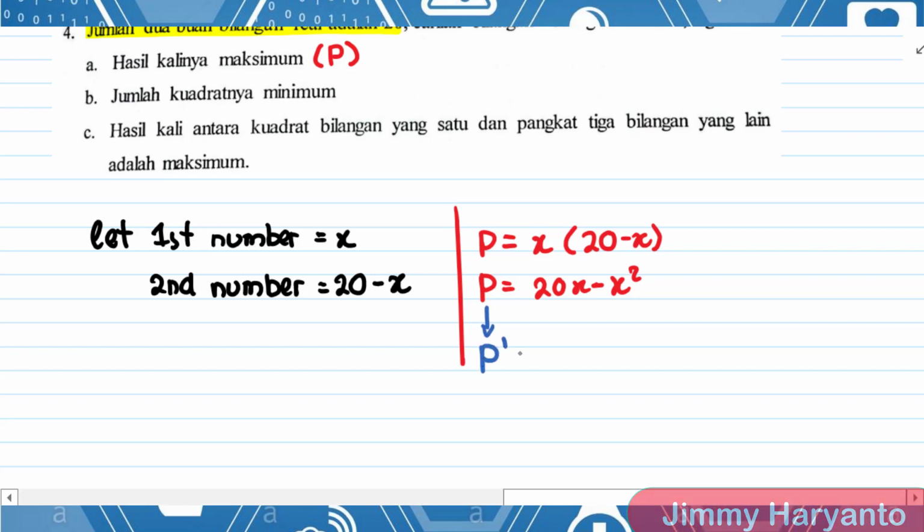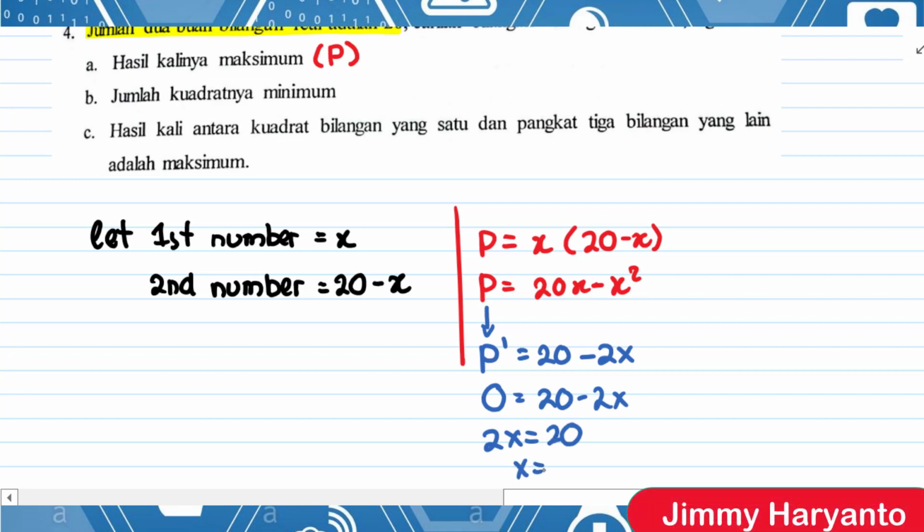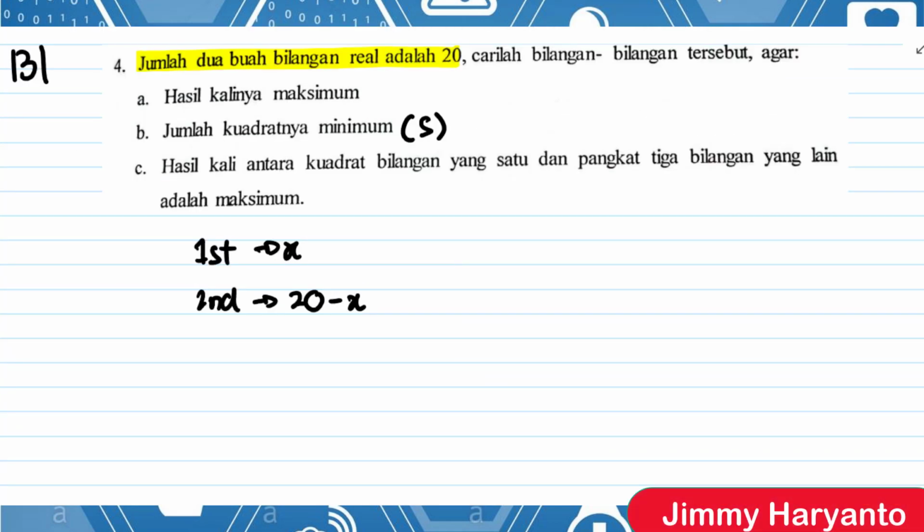To find the stationary point, you have to differentiate it first. 20 minus 2x, and then make it 0. 0 equals to 20 minus 2x. So you'll have 2x equals to 20, x equals to 10. And when x equals to 10, that means the second number will be 20 minus 10, so the second one will be 10 also.